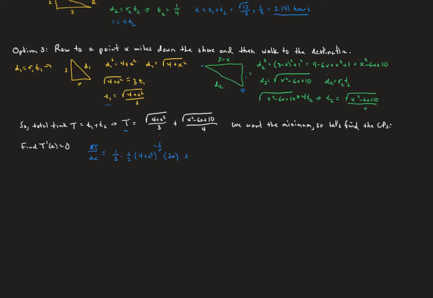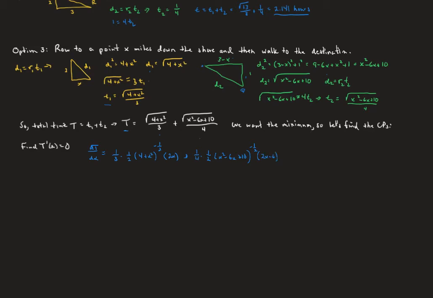Then the second part of that, I'm going to think of that divide by 4 as just the 1/4 multiplying that. Another chain rule derivative is going to be 1/2 times (x squared minus 6x plus 10) to the negative 1/2 times the derivative of x squared minus 6x plus 10, which is going to be 2x minus 6.